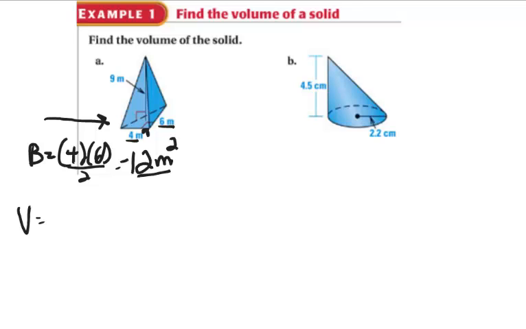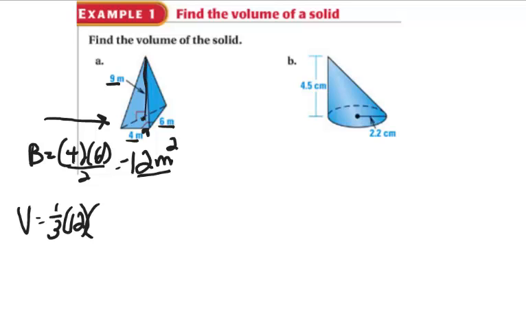Okay, so that's the base. That's the area of my base. So now let's do volume. Volume is 1/3 the area of the base, which is 12 meters squared, times the height. Now for this particular figure, it gives me the height of the figure itself, and that's the height I need.